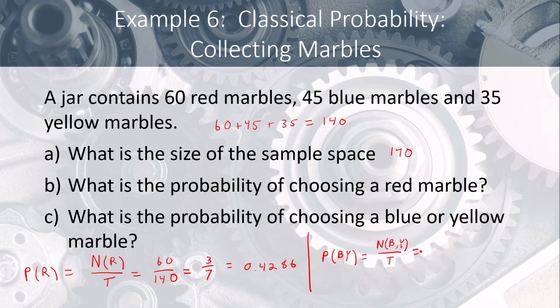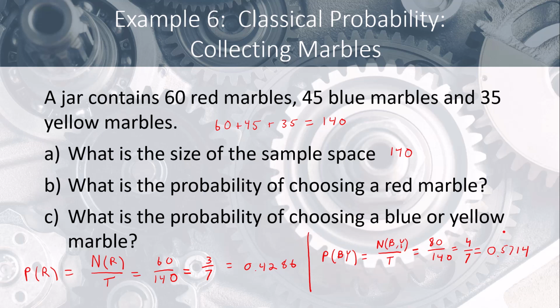That is equal to 80 over 140, which we will reduce to 4/7, both having common factors of 20 again, which as a decimal is equal to 0.5714. Okay, so that takes care of example 6.